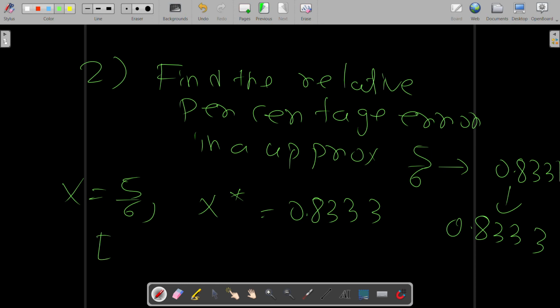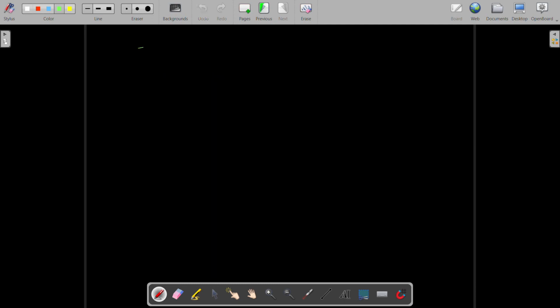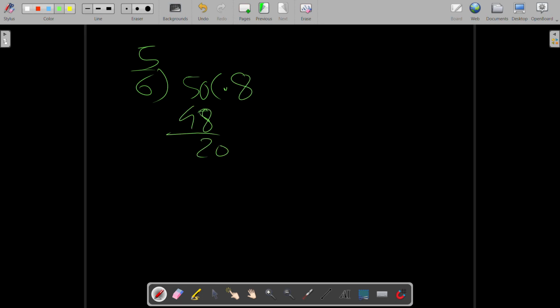So the percentage error will be, oh, we have to first calculate 5 by 6. 5 by 6 is equal to, we take decimal 0. 6 eights are 48. 20. 6 threes are 18, then 20, and again 6 threes are 18, 20.